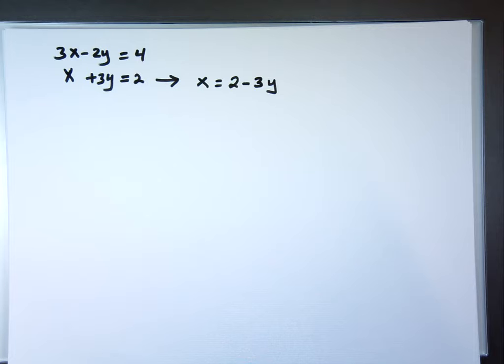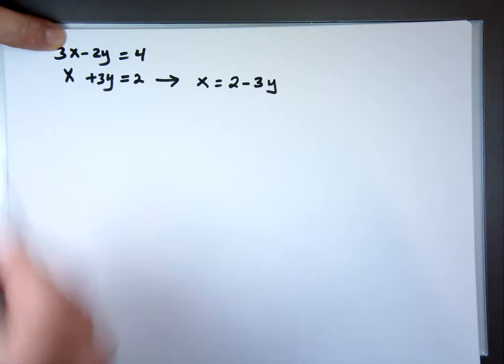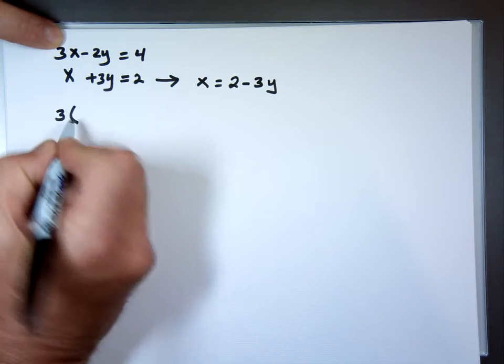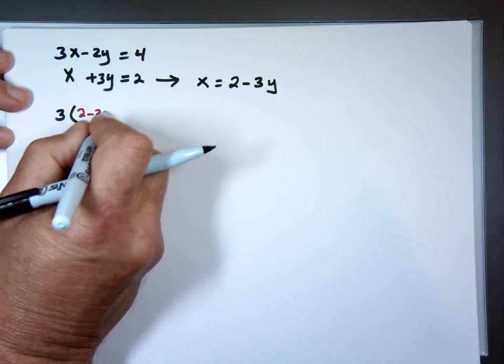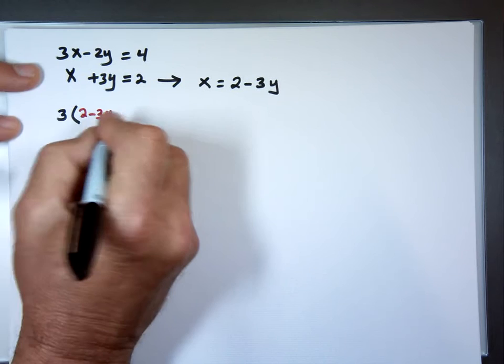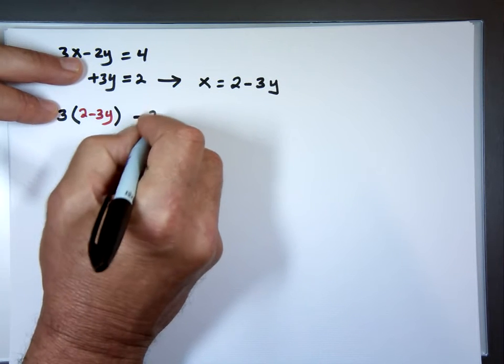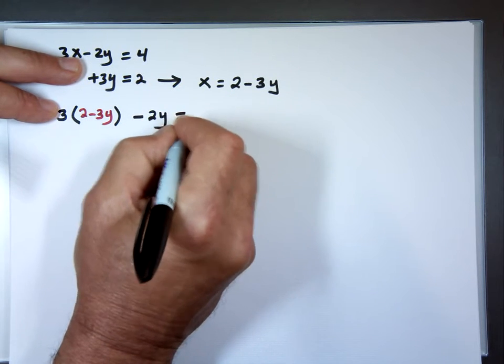Now go to the other equation, which happens to be the top one, and replace x now with 2 minus 3y. Minus the 2y is equal to 4.